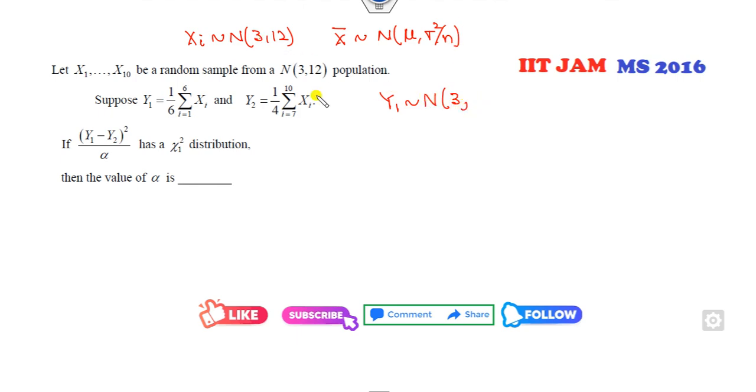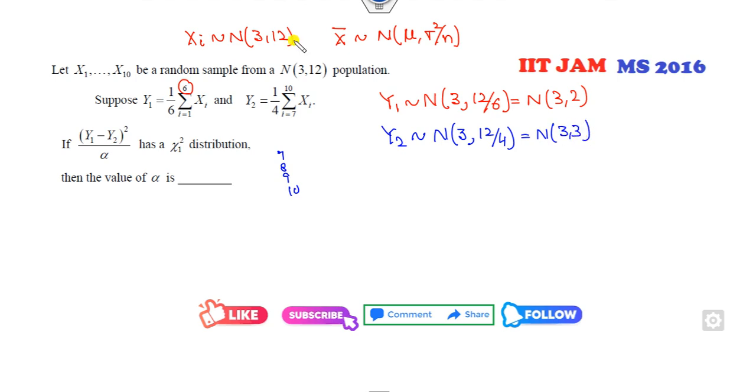Mean is 3, sigma square is my 12, n is my 6. That means normal 3, 2. What is my y2? y2 is again the average. Normal distribution is 3, 12. What is the n? You can count them: 7, 8, 9, 10. That's a 4. So it is normal of 3, 3.